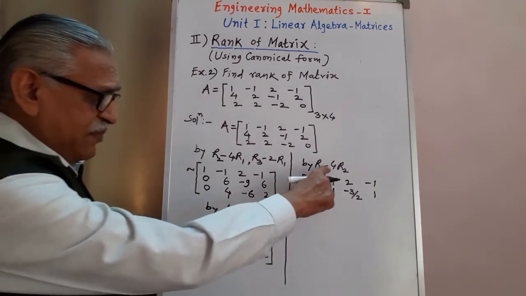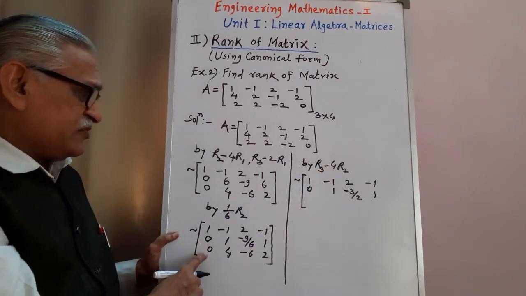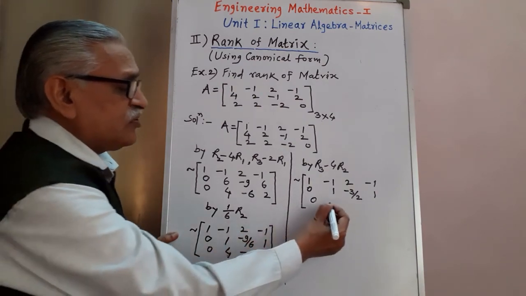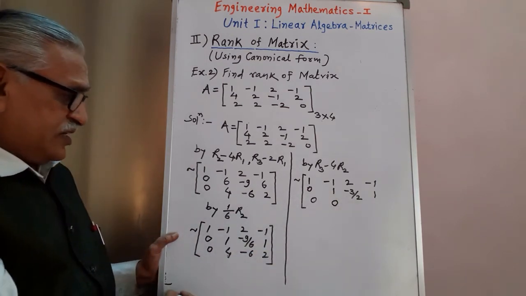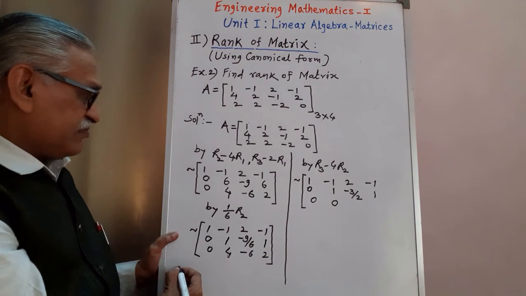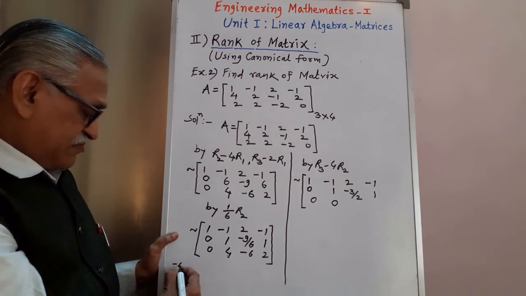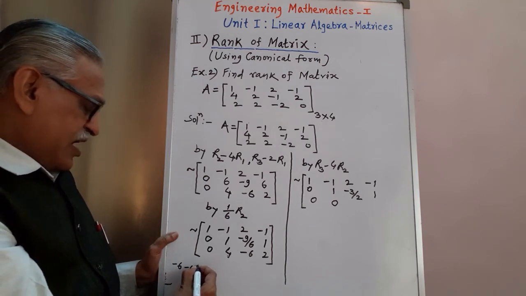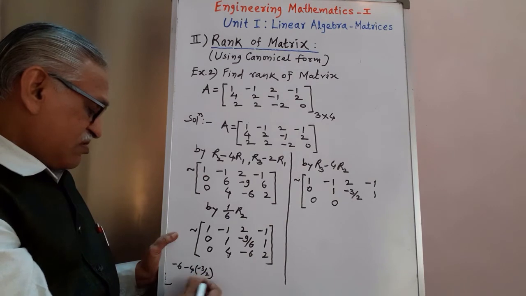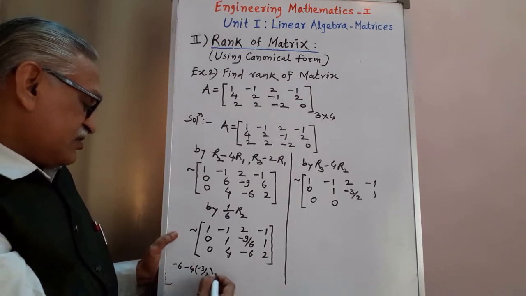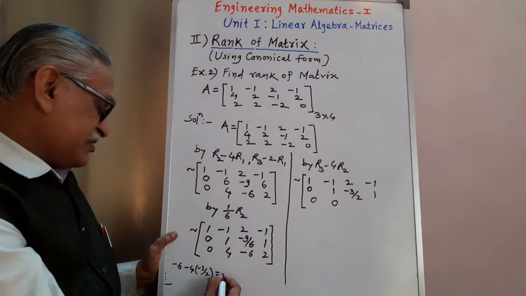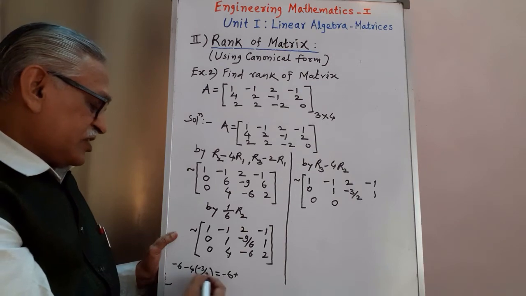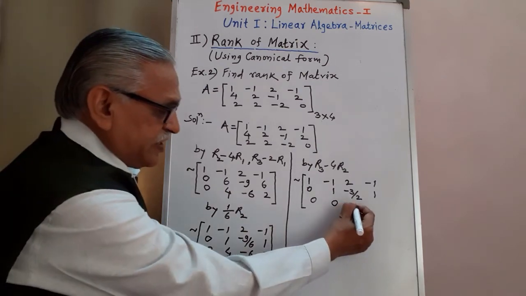Then applying this, 0 minus 4 times 0 we get here 0, 4 minus 4 we get 0. Next, minus 6 minus 4 times R2, that R2 element is minus 3 by 2. Therefore we get minus 6 plus 4 times 3 by 2, that is 6, minus 6 plus 6 we get here 0.